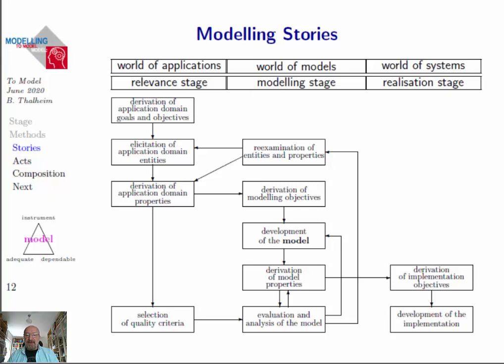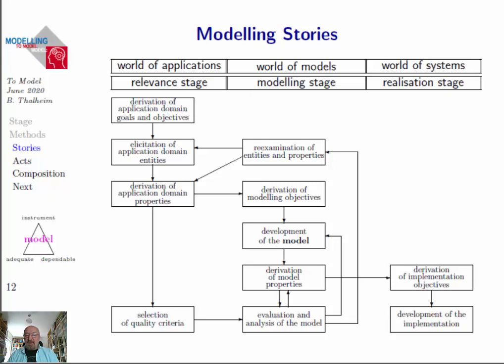Then we can evaluate them, then we can derive specific properties, or we can start with deriving modeling objectives and development of model acts, and then especially applying them, and then deriving again model properties.